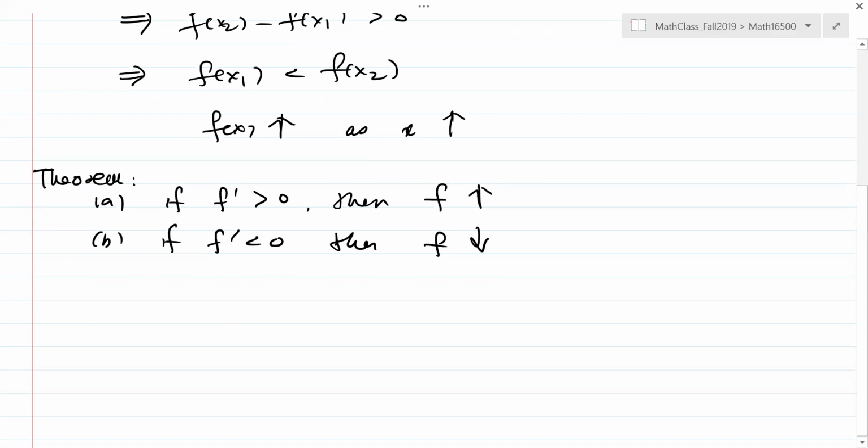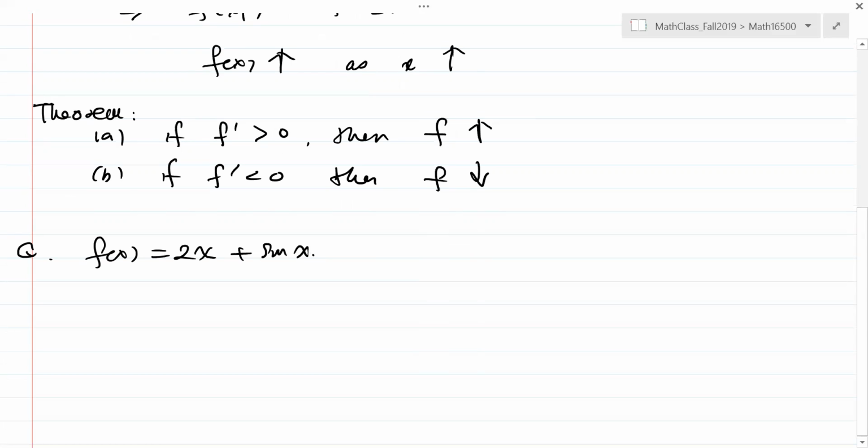That's important, right? If you take a look at the function f of x equals 2x plus sine x, it's hard to draw the graph.